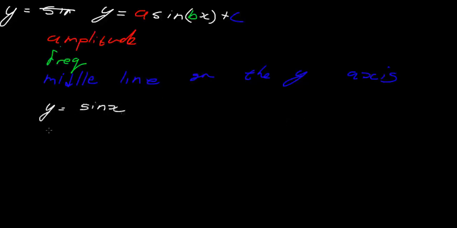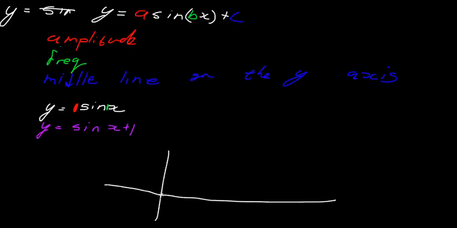y equals sine x plus 1. Okay, so for this graph, from our general form, we already know that the amplitude is 1, the frequency is 1. Okay, so let's draw our quick sine graph.